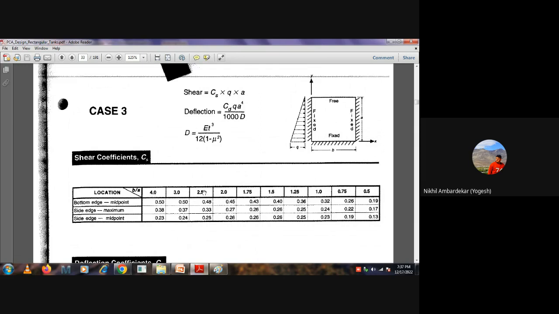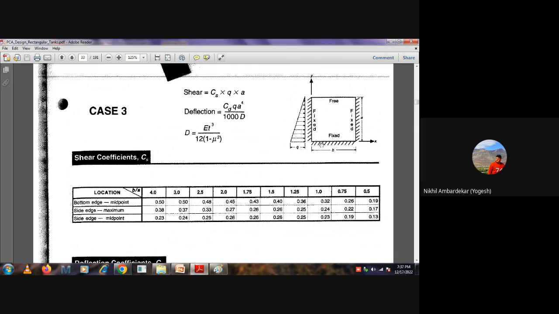That is 2.5. So we are more interested in these three values. Can you follow my cursor? Yes, sir. Okay. So to calculate shear force, our aspect ratio is 2.5. Now there are three values. So where do we need to consider?